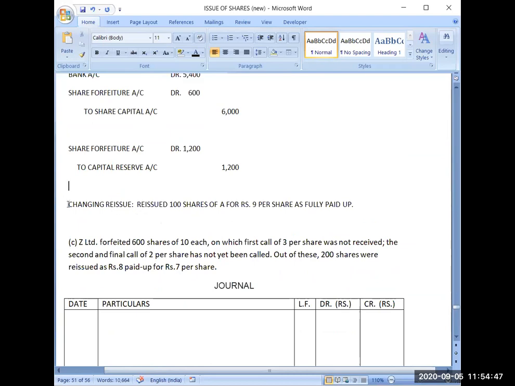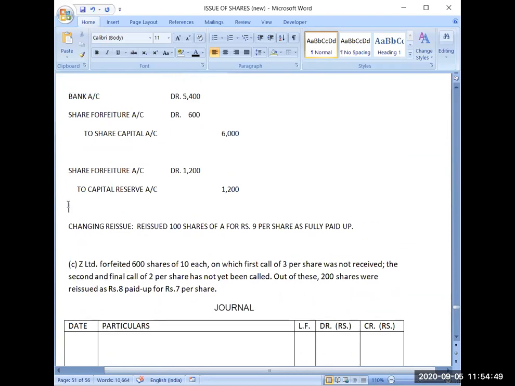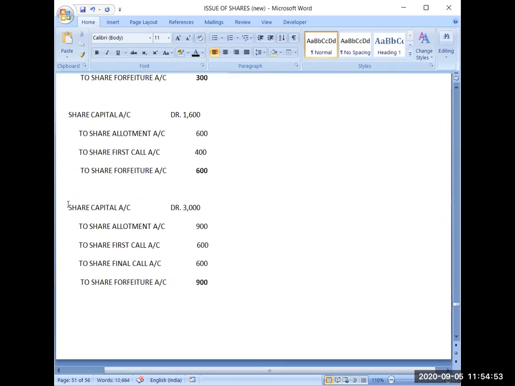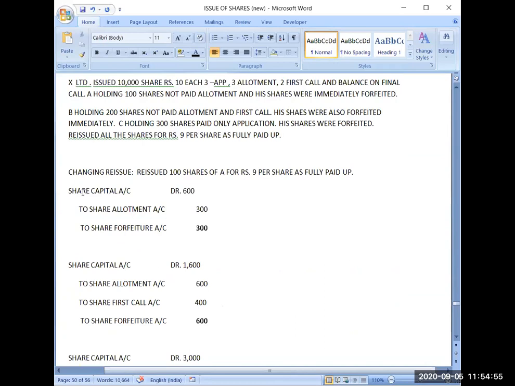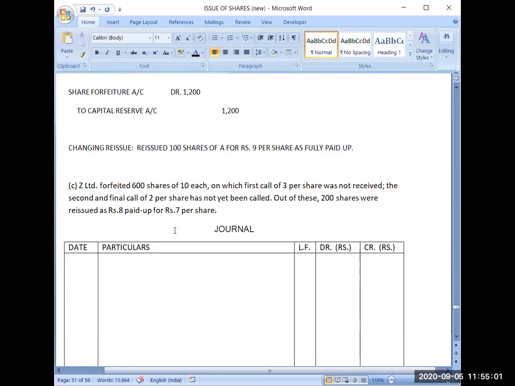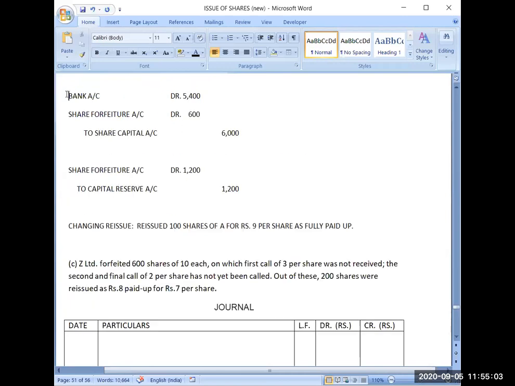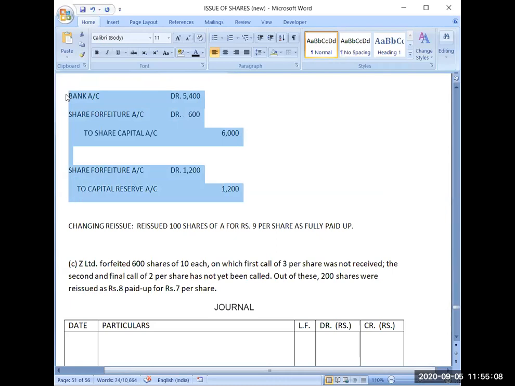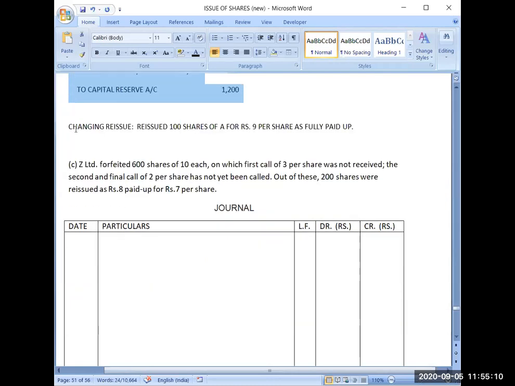Now this is the question for reissue. The entry for forfeiting 100 shares was this. Now you tell me the amount of capital reserve.